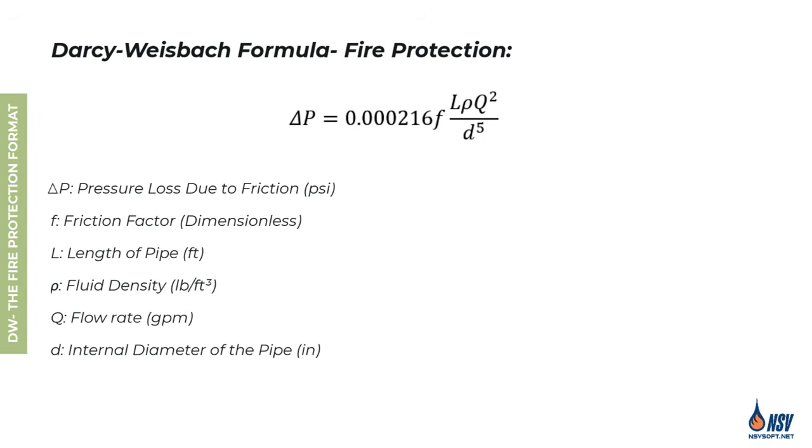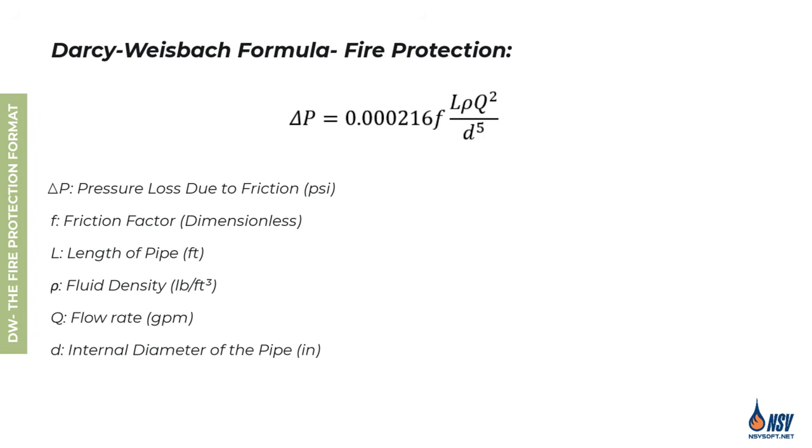While the classic format is great for textbooks, in fire protection engineering, we need an equation that speaks our language. The version we'll actually use in the field looks like this. This modified format is designed to align perfectly with the parameters we use in the Hazen-Williams formula.